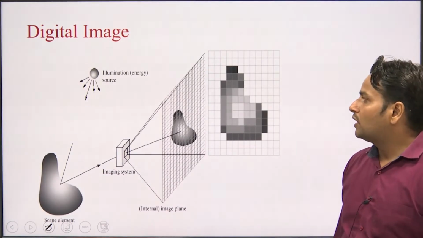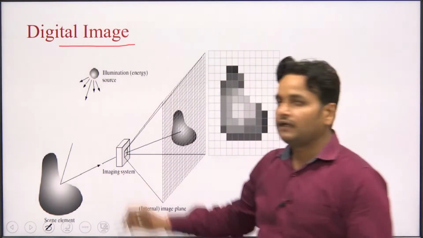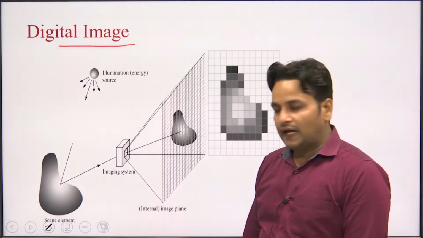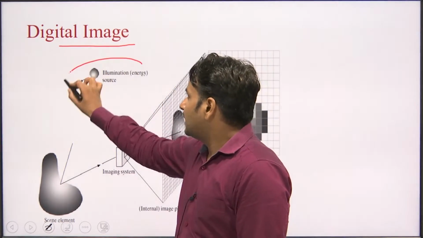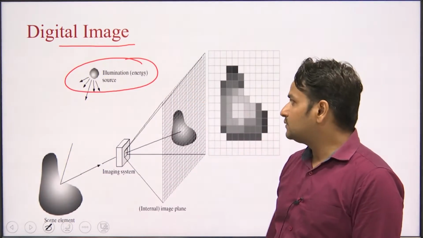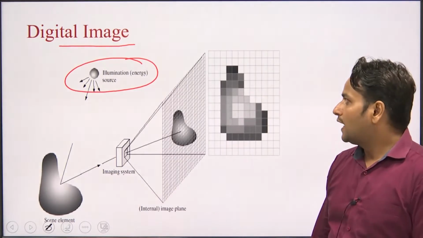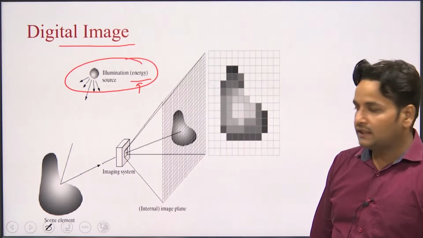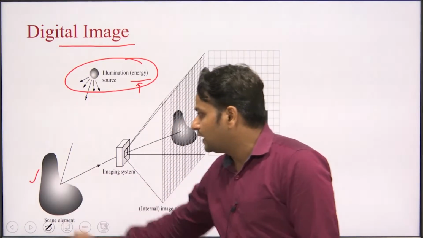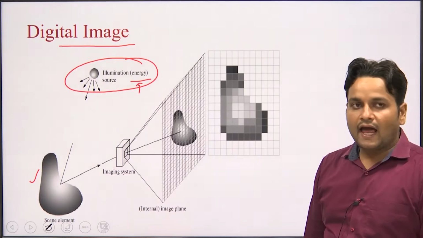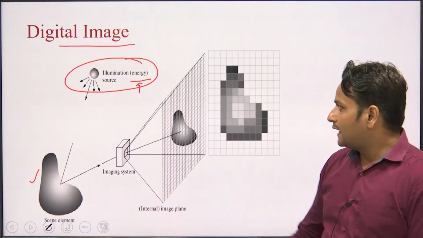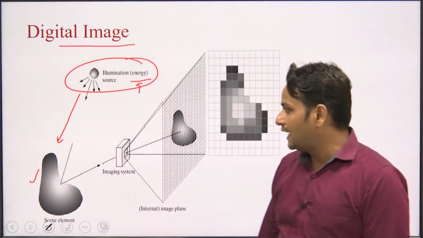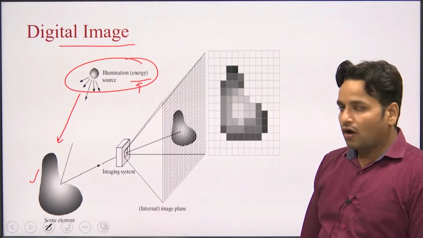If we talk about the digital image, you can observe this diagram. Suppose an illumination source, which is the source of energy, gives energy towards an object. If we have this scene element or object, then that source provides the energy, or you can say light, on this particular object.